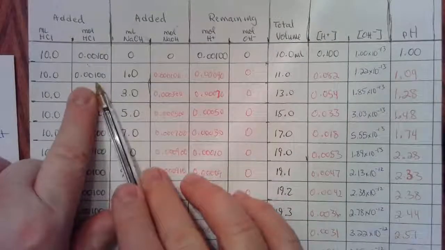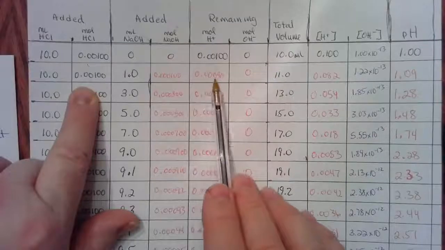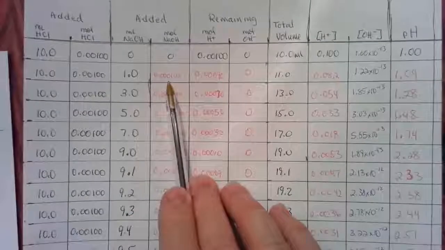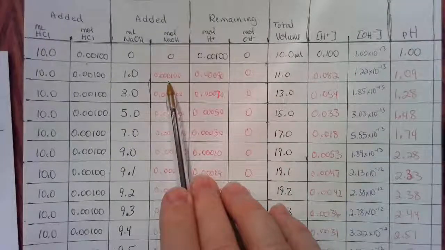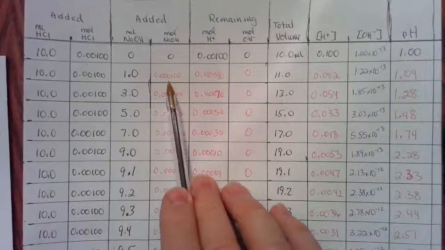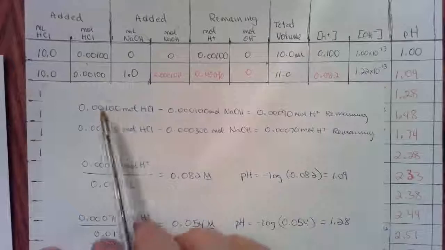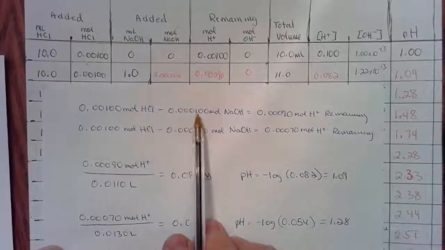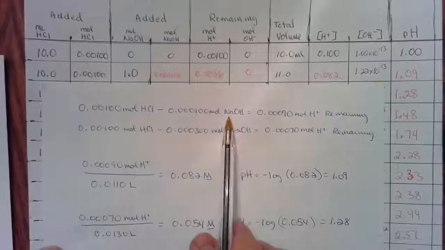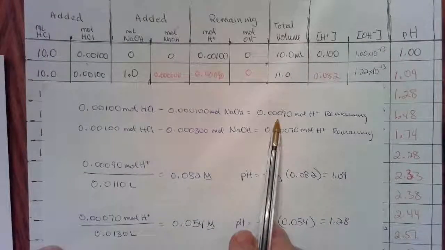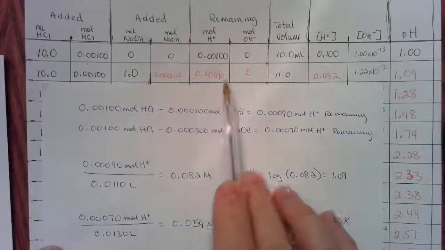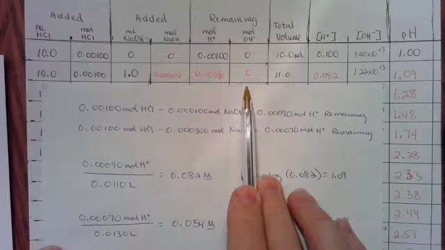So we went from 0.001 to 0.009 because we've removed 0.0001 of the acid. And here we go. 0.001 mole of acid minus 0.0001 mole of the sodium hydroxide leaves me that many moles of hydrogen ion remaining. Right there. There's no hydroxide ion remaining. It all got used up.